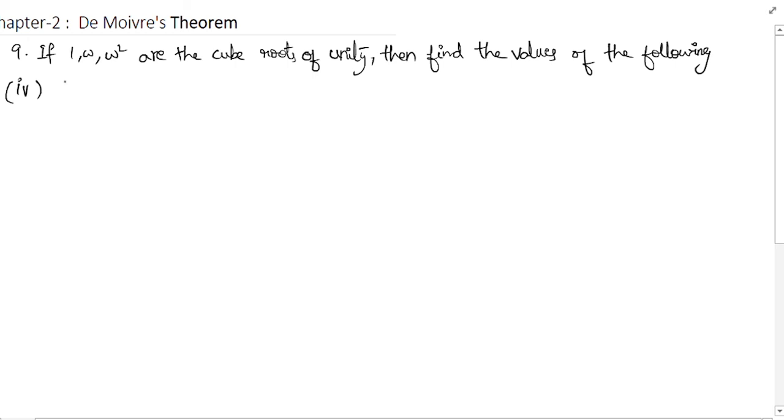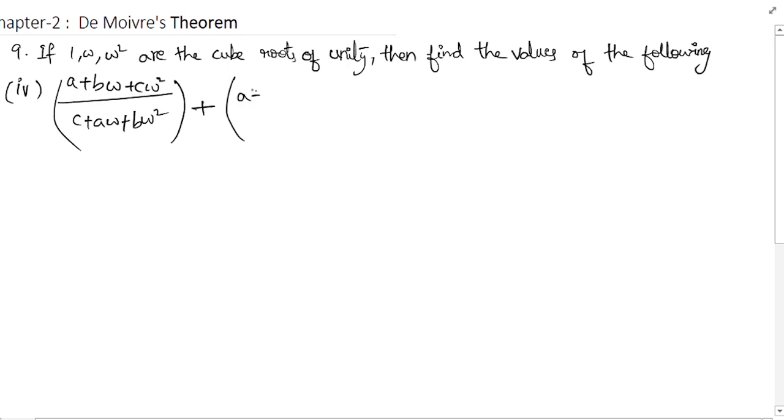So now we'll move on to the fourth bit, that is (a plus b omega plus c omega square) divided by (c plus a omega plus b omega square) plus (a plus b omega plus c omega square) divided by (b plus c omega plus a omega square).